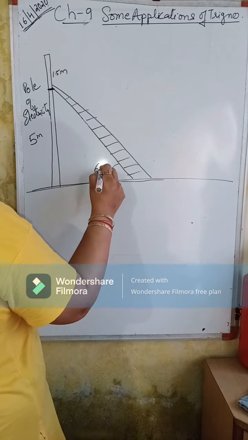Okay, that is ground. Would enable her to reach the required position. Also, how far from the foot of the pole should she place the foot of the ladder? Now here, this distance you have to find and this height of the ladder you have to find.